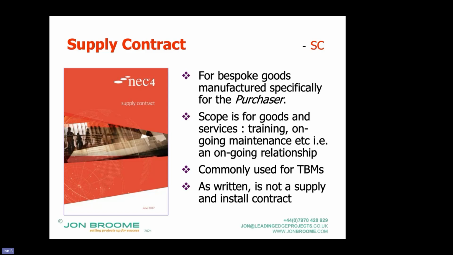And it goes back to, and I think I mentioned this last time, relationship contracting. If you're purchasing a tunnel boring machine from Germany, specifically for your project, they're going to manufacture or refurbish an existing tunnel boring machine. They're going to then bring it to site. It's then going to be assembled down a big hole. It's then going to go through the tunnel. It might have maintenance requirements. It's going to get to the end of that tunnel.